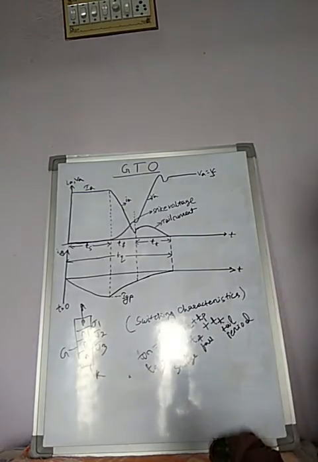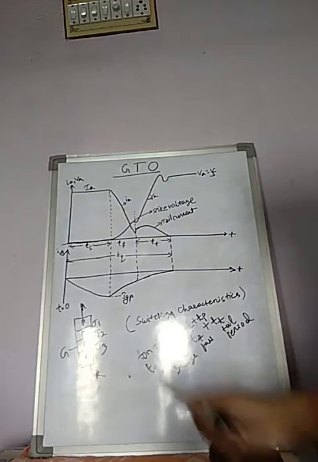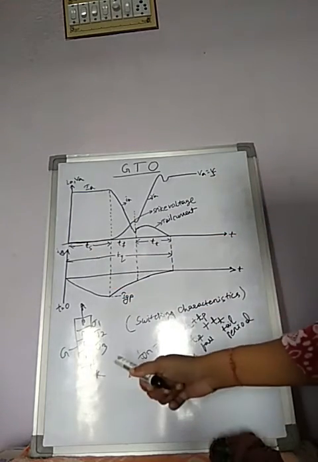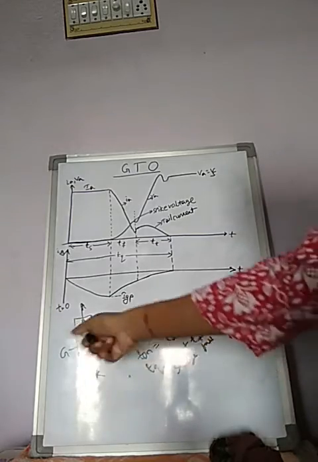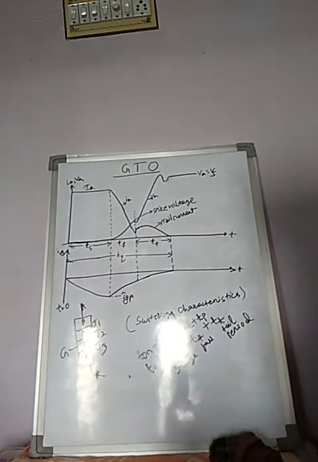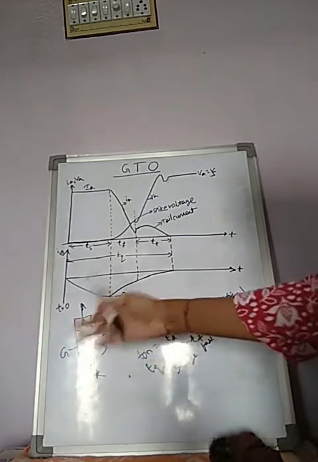Okay, so when we apply negative gate current, during this storage period, what happens? The holes present in this P layer are removed by negative gate current and this center junction comes out of saturation.